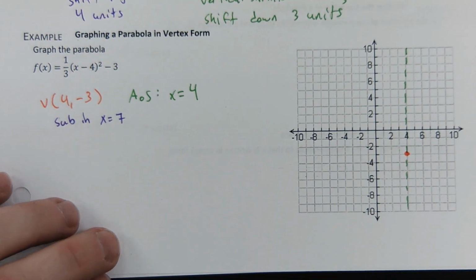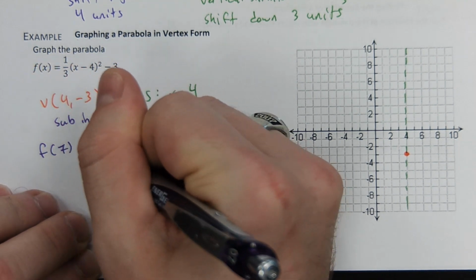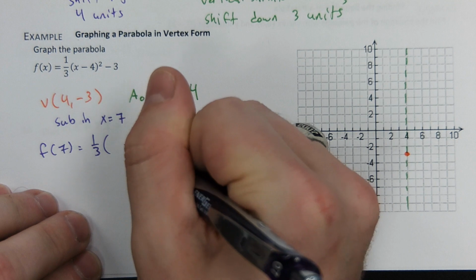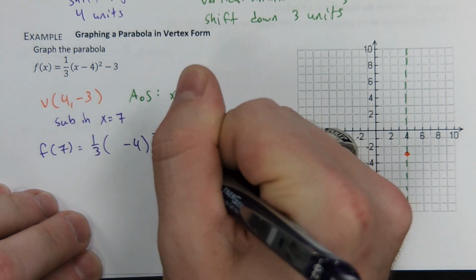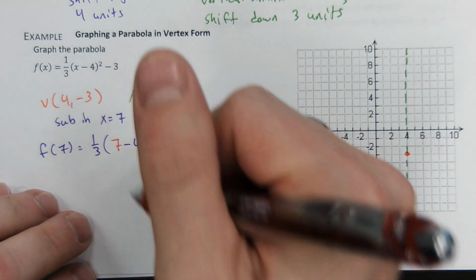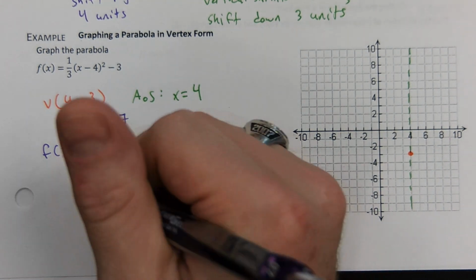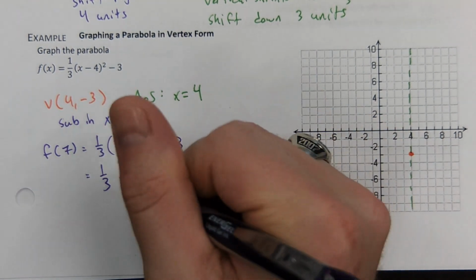So we're going to sub in x equals 7, see what happens. We get f of 7 equals 1/3 (7 minus 4) squared minus 3. Hardest part about this is following the order of operations. What's inside the parentheses first, then exponents, then multiplication, division, then addition, subtraction. 7 minus 4 is 3.